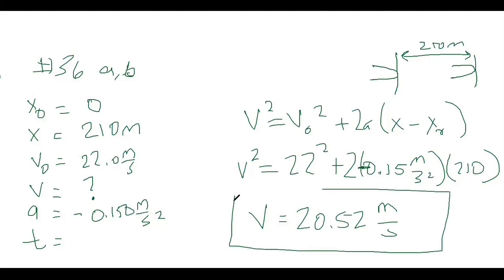That's our final velocity of that train. You can see it makes sense. It wasn't slowing down that much, 0.15 meters per second squared. So it went from 22 to 20.52. Not a ton of velocity loss there.